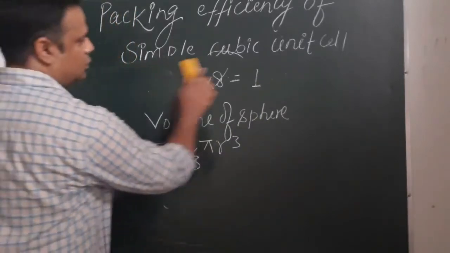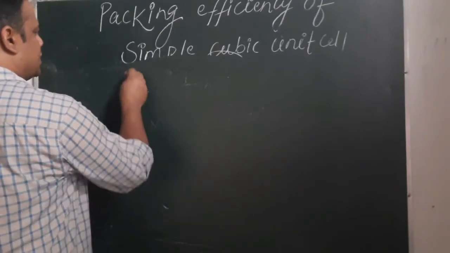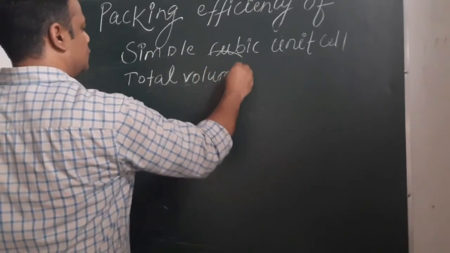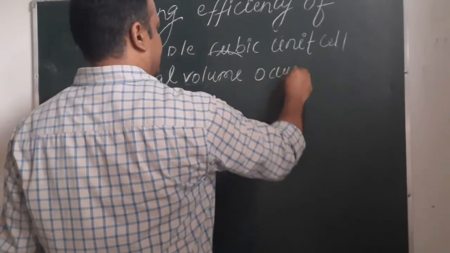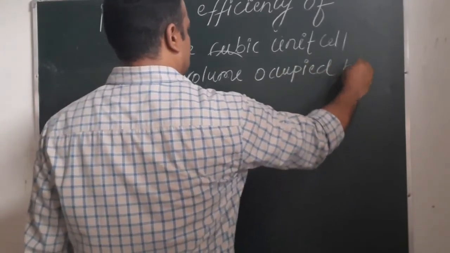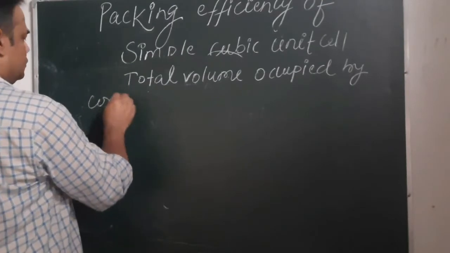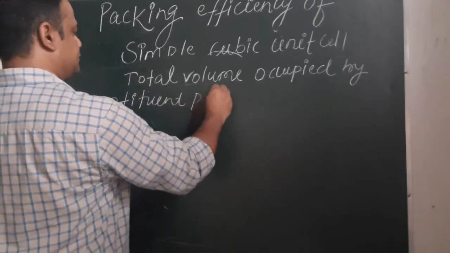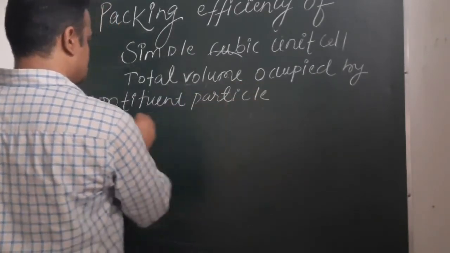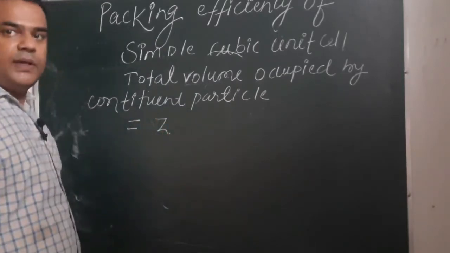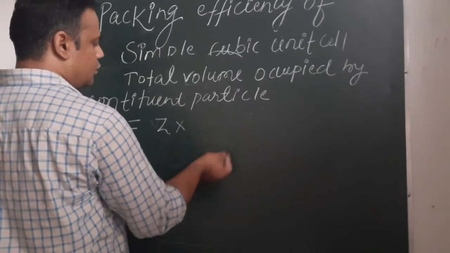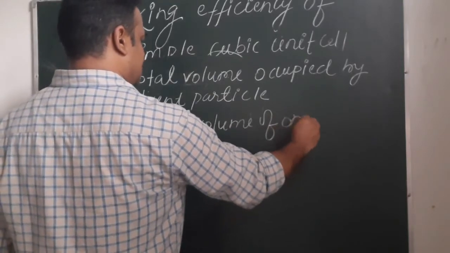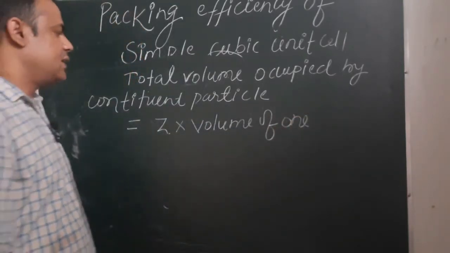So the total volume occupied by constituent particles will be equal to Z, that is the number of atoms per unit cell, into the volume of one sphere, because we have assumed that all the constituent particles are spherical in shape.